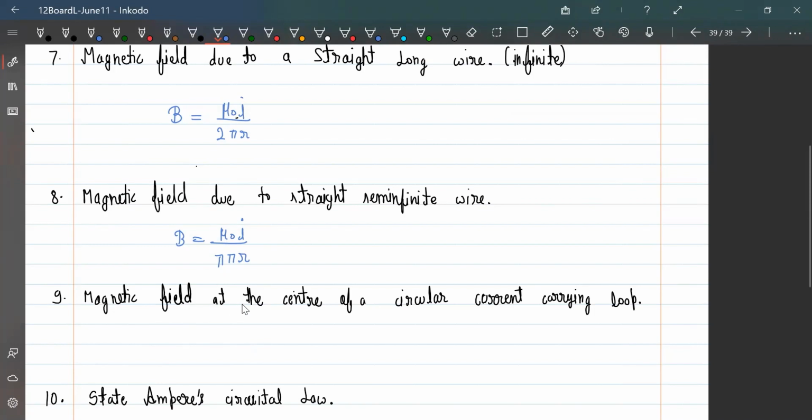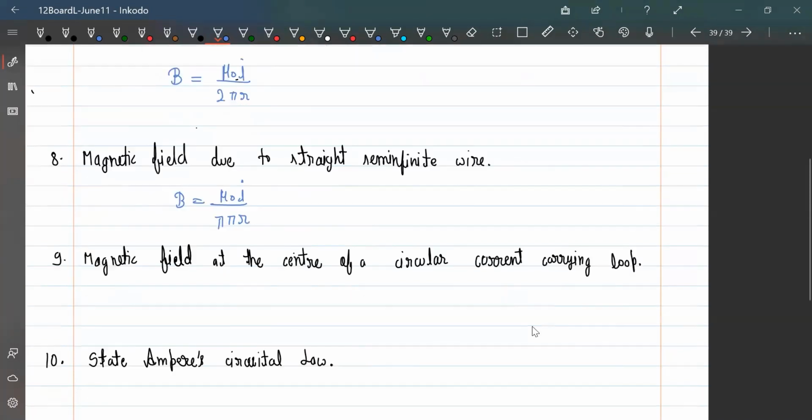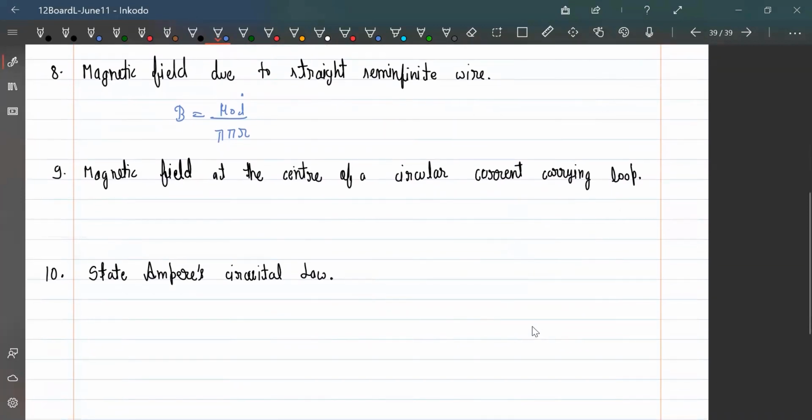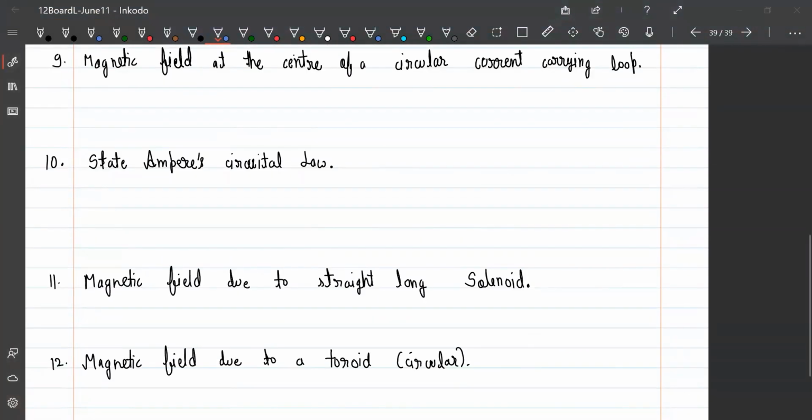Anupo, tell me the value of magnetic field at the center of a circular current carrying loop. Sir, mu naught I by 2r. Yes, that is correct. Also tell me, if the direction of current is anti-clockwise, will the magnetic field be into the plane or out of the plane?